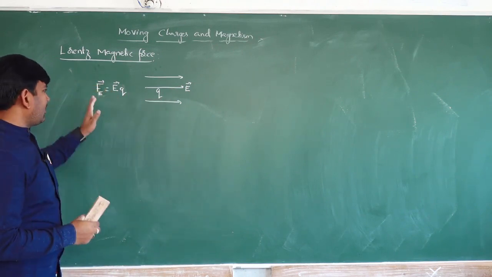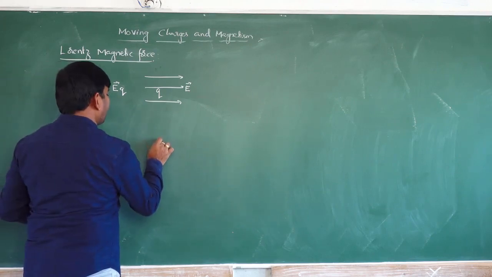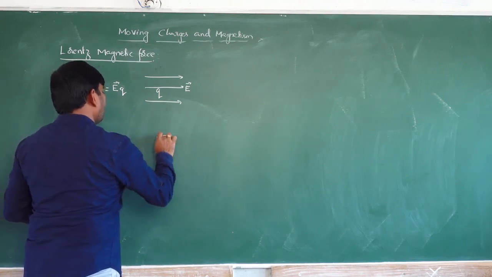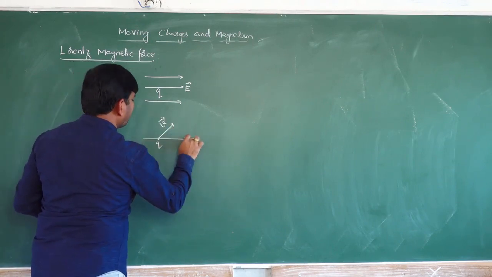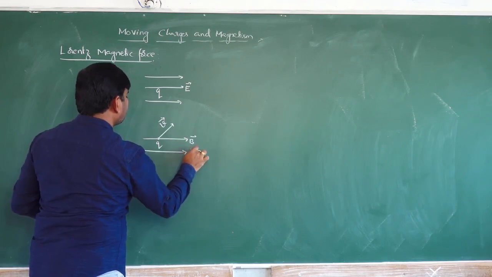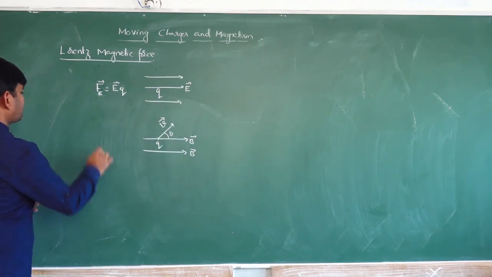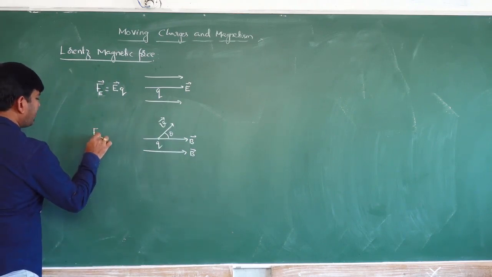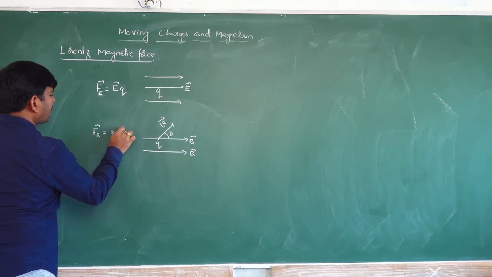This is the electrical force. In a similar way, if a charge Q is moving with velocity V bar and it is kept in a uniform magnetic field B bar, then what is the magnetic force experienced by it? We already studied that F B bar is equal to Q into V bar cross B bar.